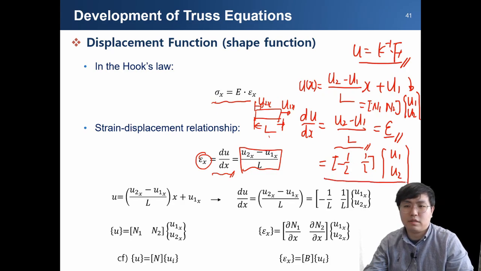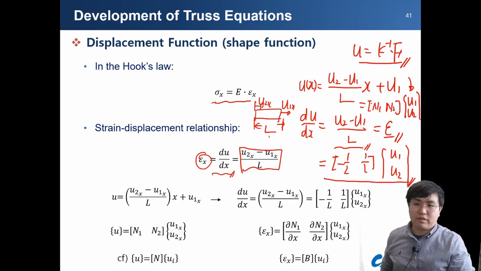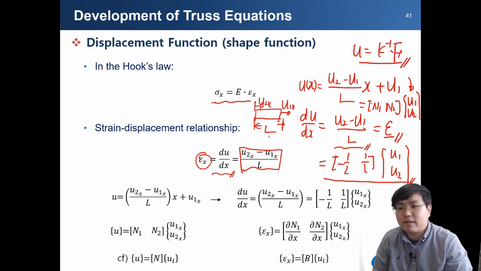This is a strain field, the same way as in the previous slide. This I'm going to call the shape function, and each element of the shape function. In this stage, n1 is a function of x. However, u1 and u2 are not functions of x.